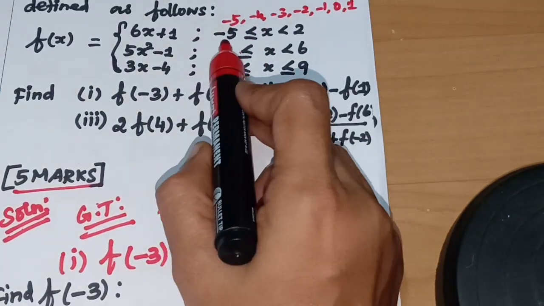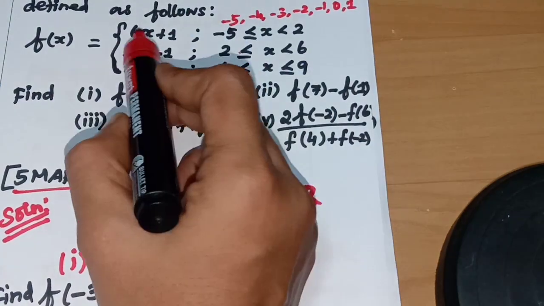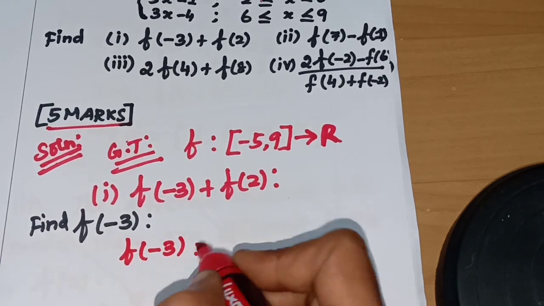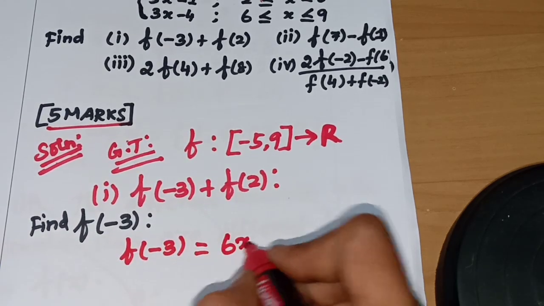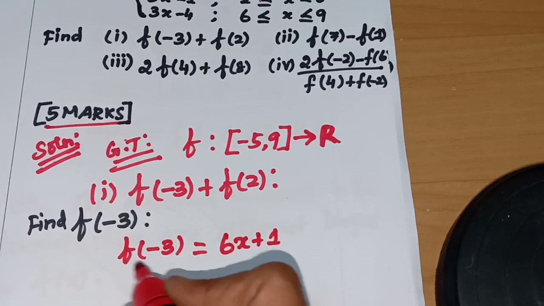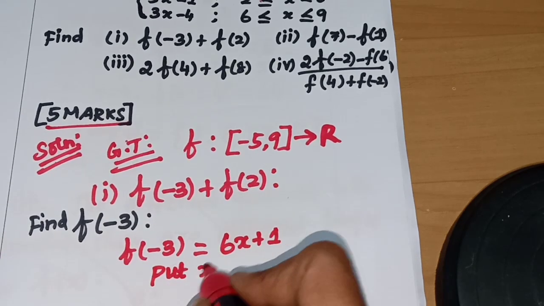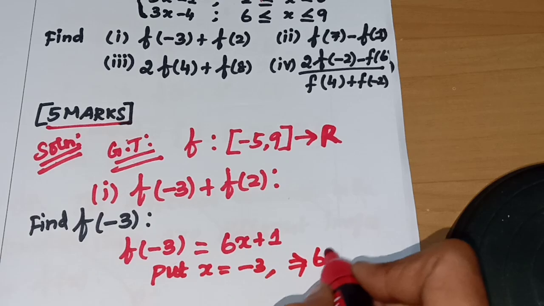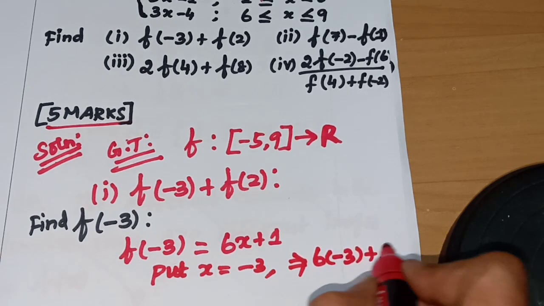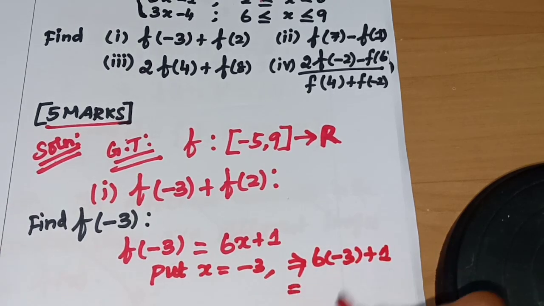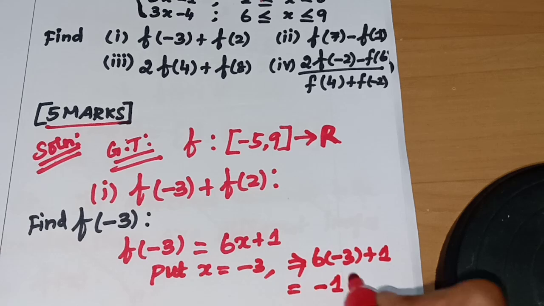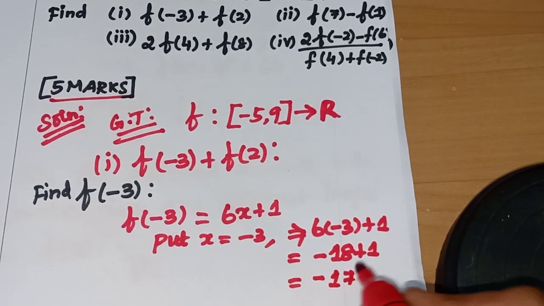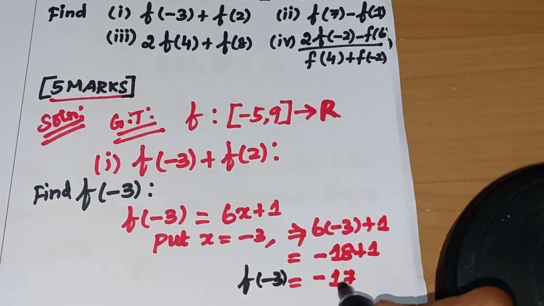Taking first limit, function f of x equal to 6x plus 1. F of minus 3 equal to 6x plus 1. Put x equal to minus 3 implies 6 into minus 3 plus 1 equal to minus 18 plus 1 equal to minus 17. F of minus 3 equal to minus 17.